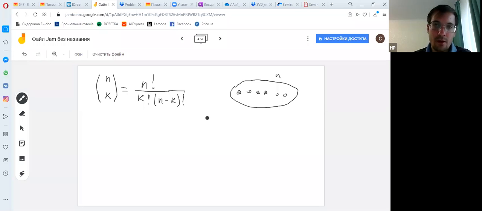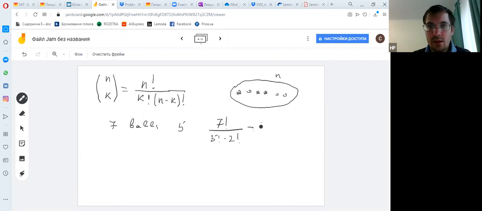For example, if you have 7 balls and you want to choose 5 of them, you can do it in 7 factorial divided by 5 factorial divided by 2 factorial.